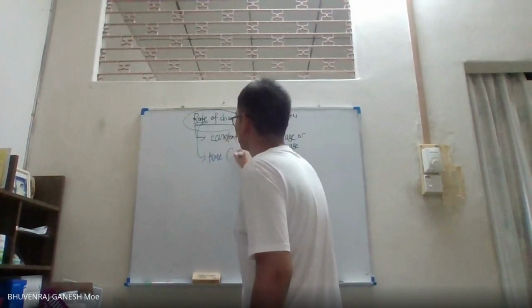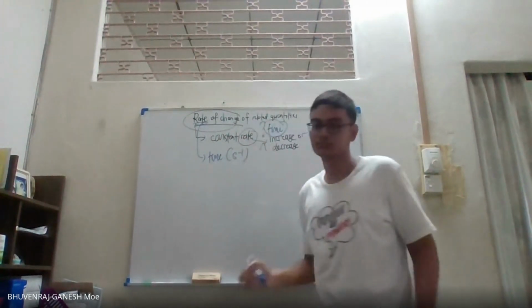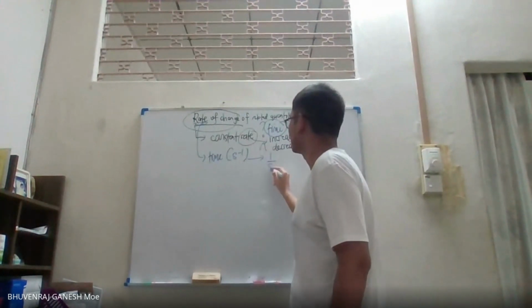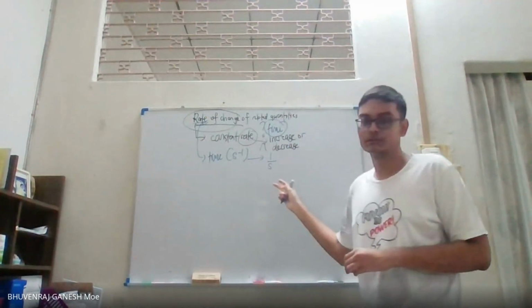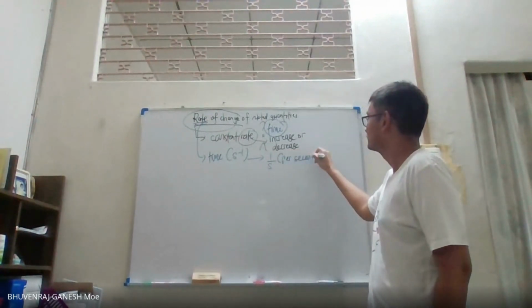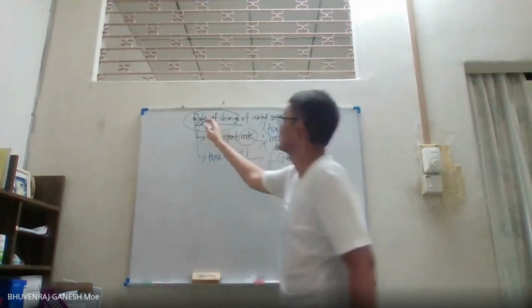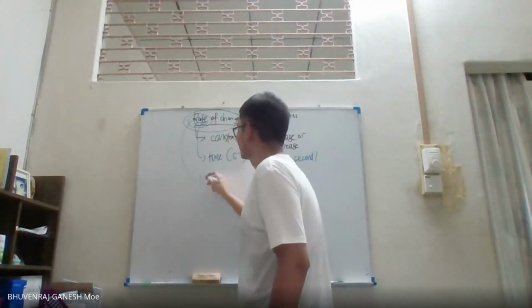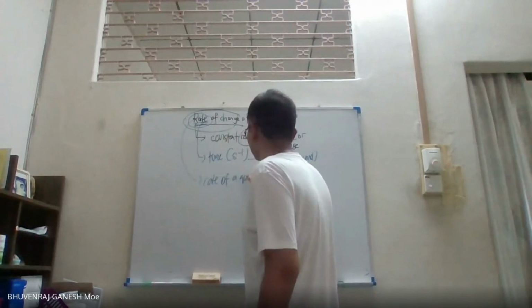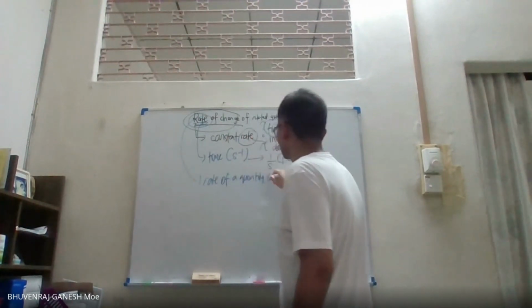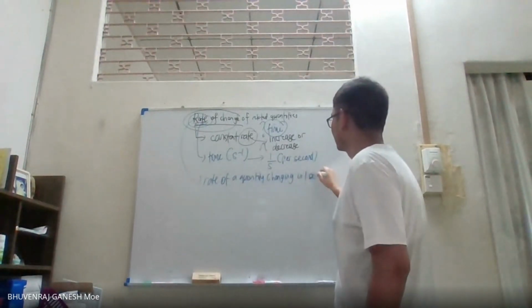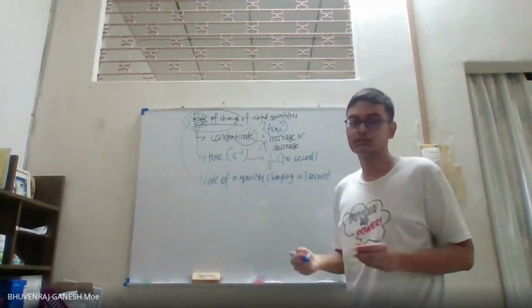So the unit we give is actually per second, seconds to the power of negative 1, which you will see as 1 over s. This is what we call per second. What they're actually trying to tell you here is the rate of a quantity changing in 1 second. Any quantity, based on the question.